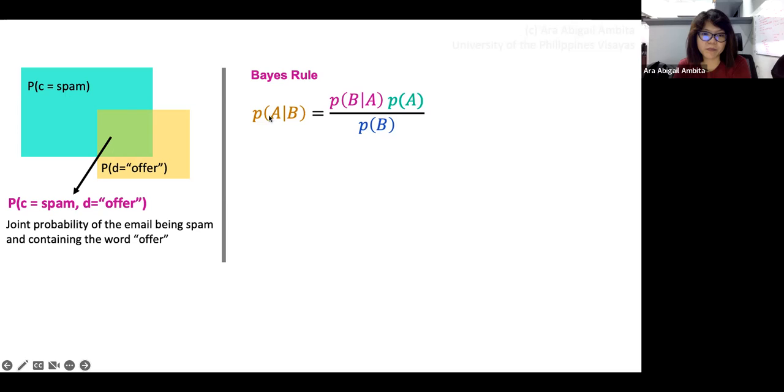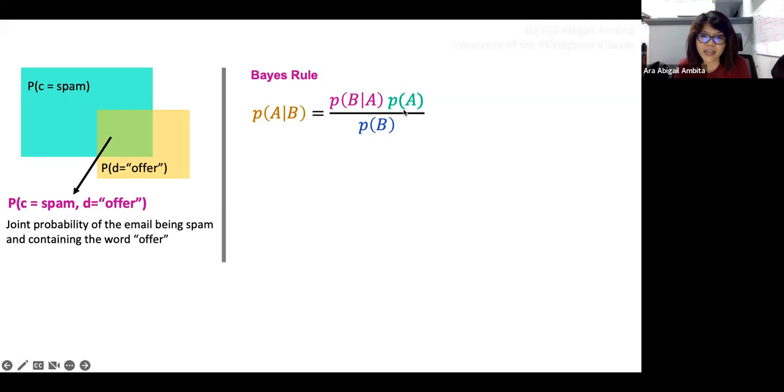So the P of A given B is the posterior probability, or the probability that a hypothesis A is true given the evidence, okay? And the P of B given A is the likelihood, or the probability of seeing the evidence B given that the hypothesis A is true.